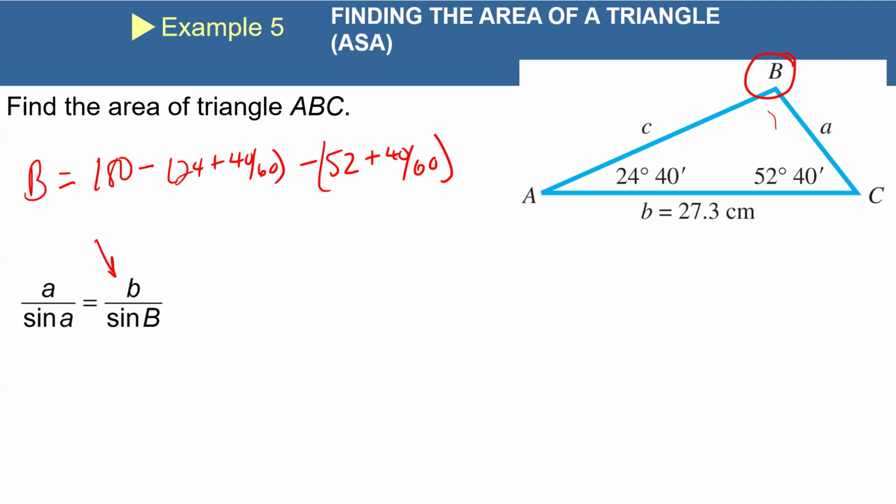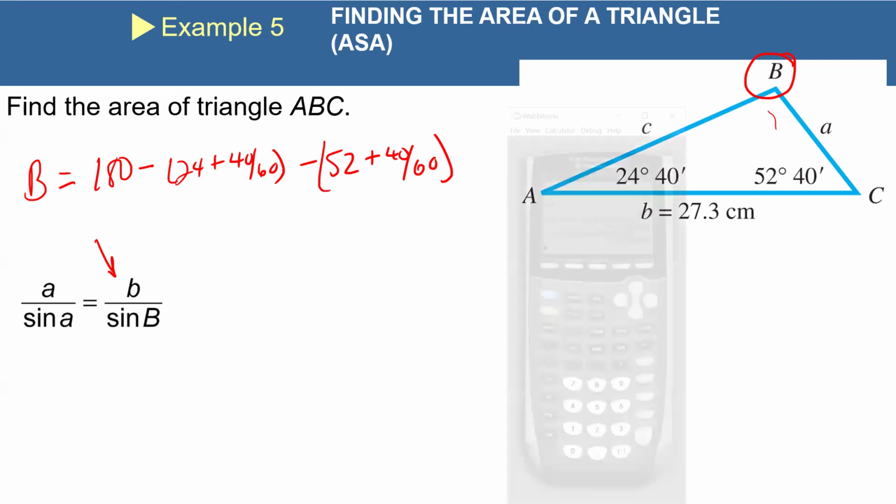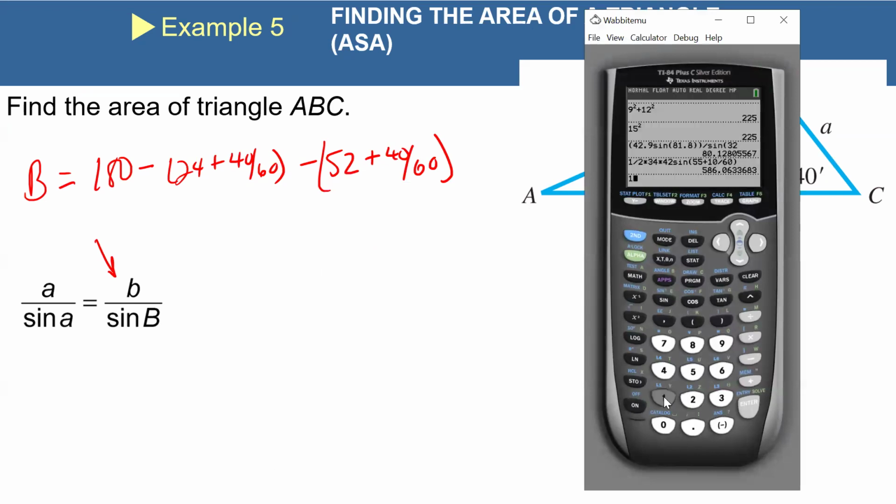I'm going to go to the calculator and do what it says. So in the calculator, I have 180 minus, and you can write it without parentheses as long as you remember that the minus goes to everything inside the parentheses.